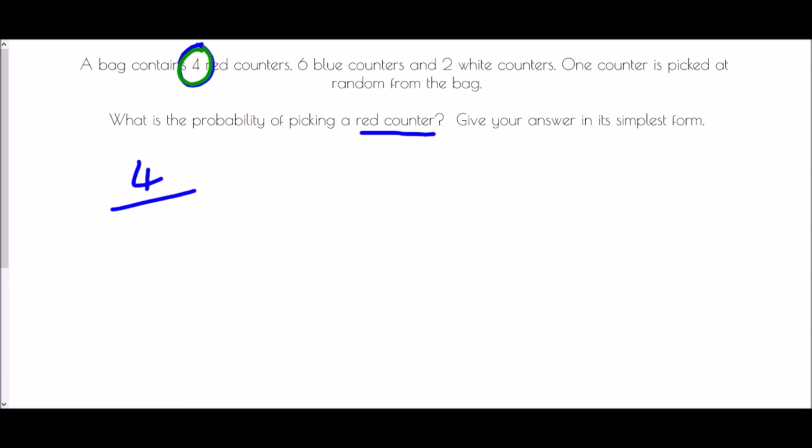I could have selected 4 red, or 6 blue, or 2 white. And so how many counters were there in total? There were 12. And therefore the probability is 4/12, which, if we simplify, well, we could halve it, it would be 2/6. And if we halve again, it would be 1/3. The probability of selecting a red counter is 1/3.